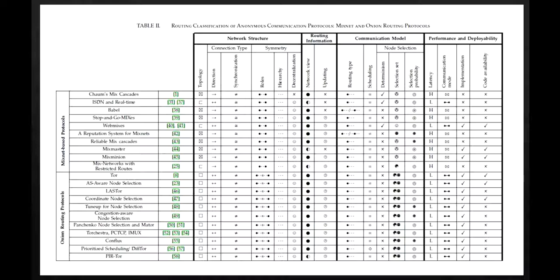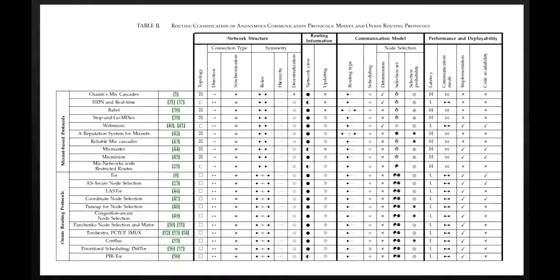Recall that Mixmaster and Mixminion partially use time restrictions, but here due to low traffic, we consider them asynchronous. So synchronization will be asynchronous for Mixmaster and Mixminion. For Chaum mixes, that is the first one of the Mixnet based protocols, the node management is complete.